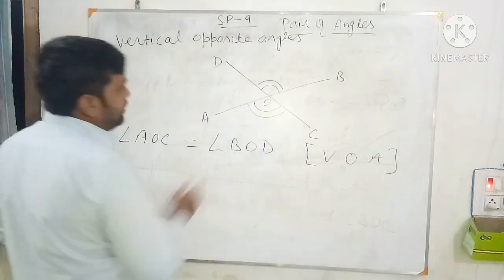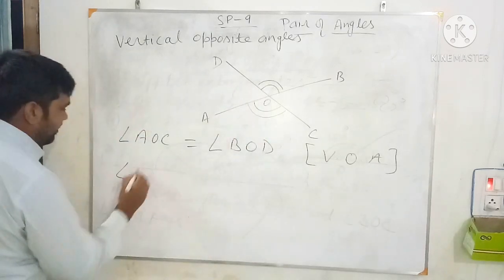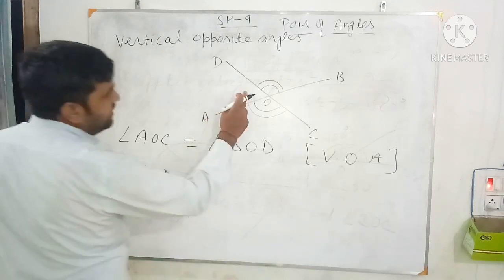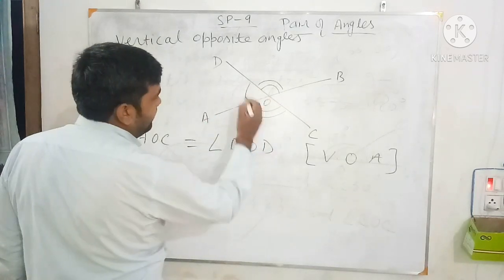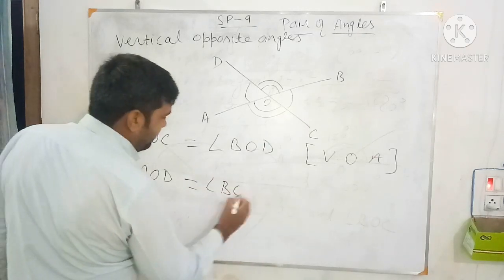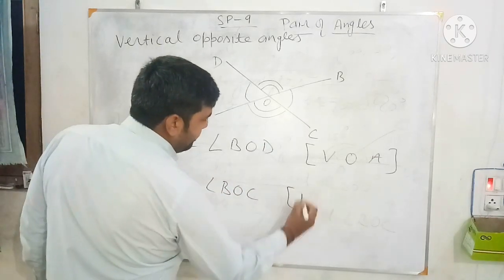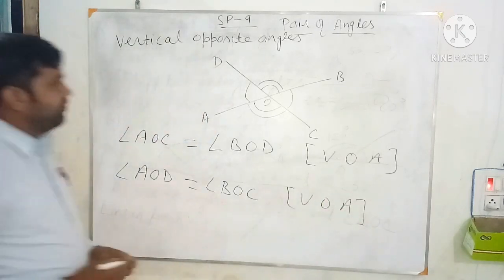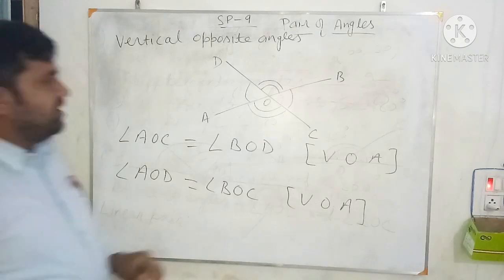Similarly, the vertical opposite angle of AOD is angle BOC. You can write that angle AOD is equal to angle BOC, for the same reason, vertical opposite angles.